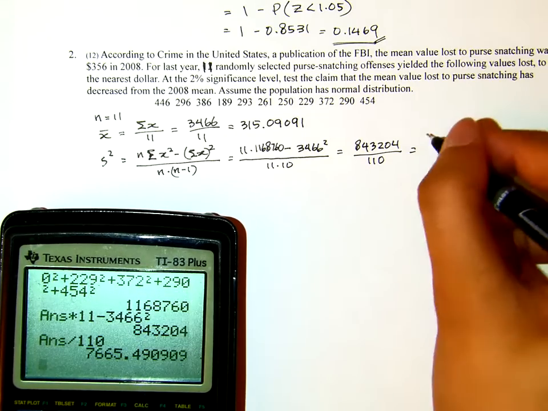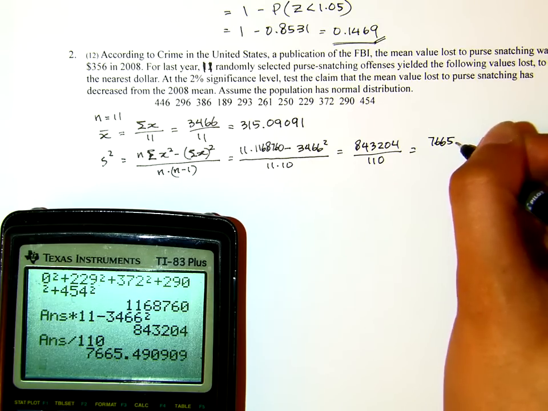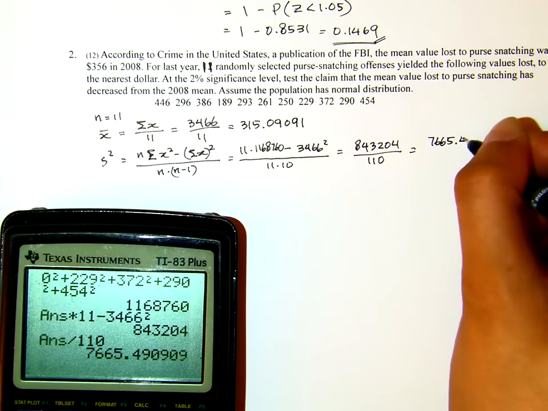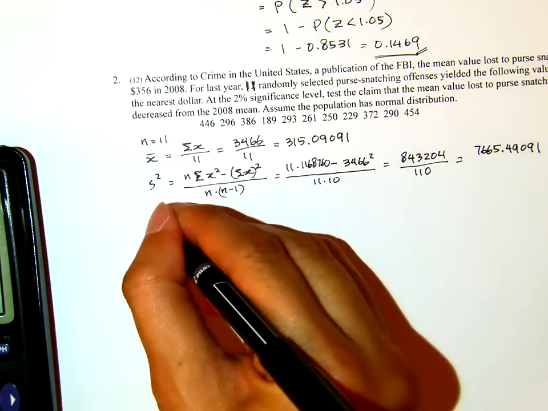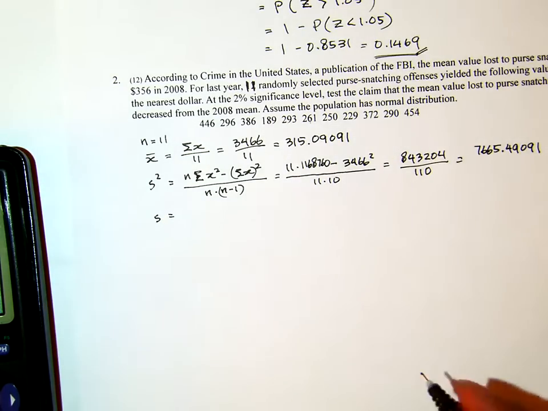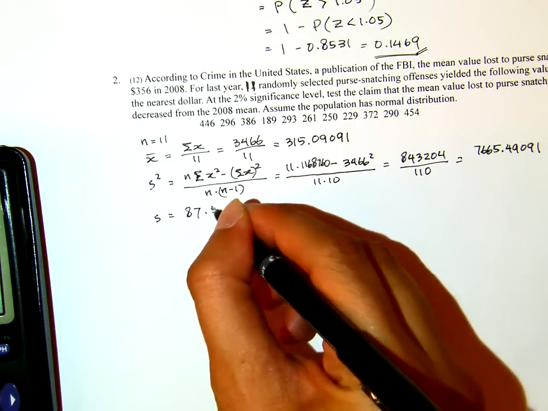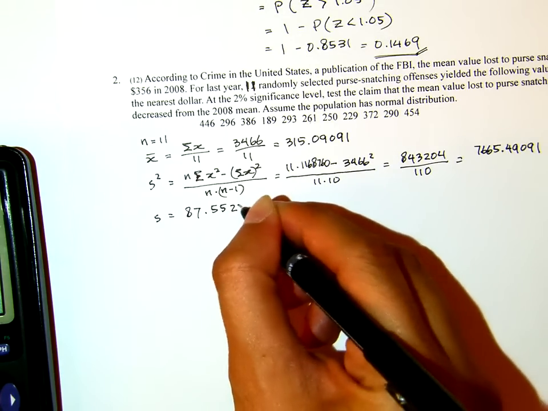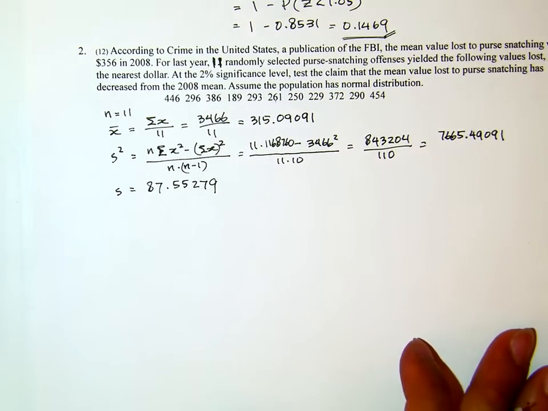That will give me 7665.49091, which is the sample variance, right? The sample standard deviation will be the square root of that, which is 87.55279.